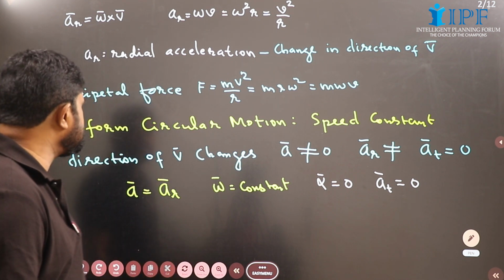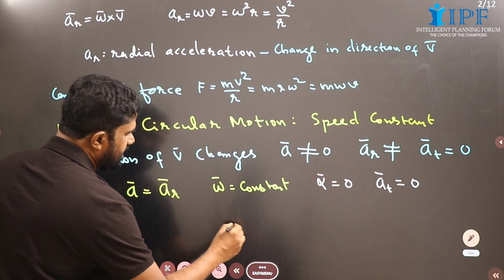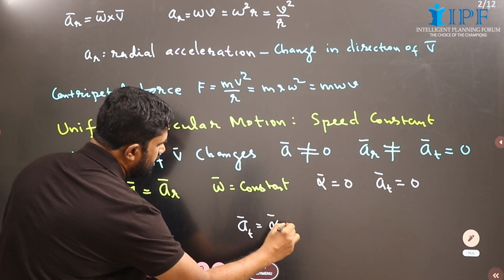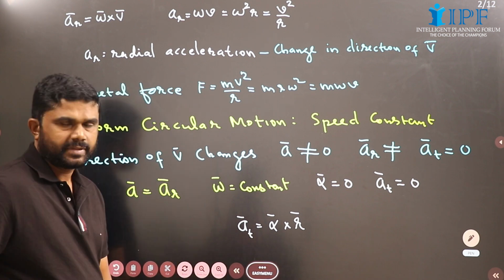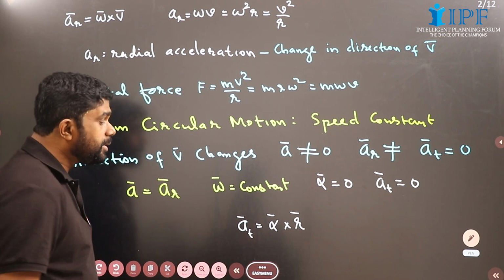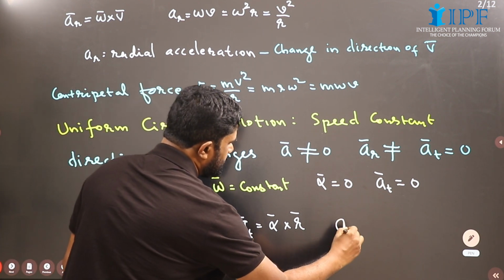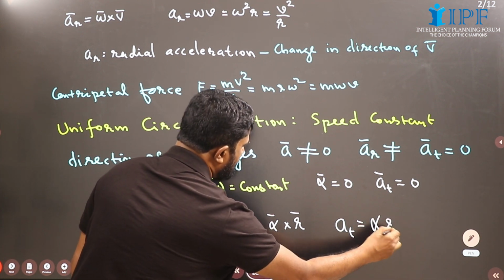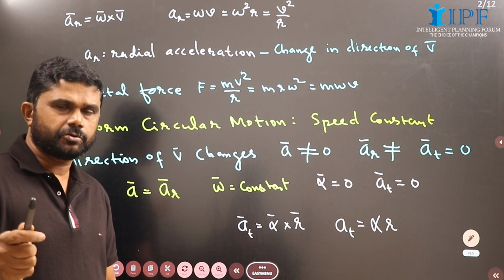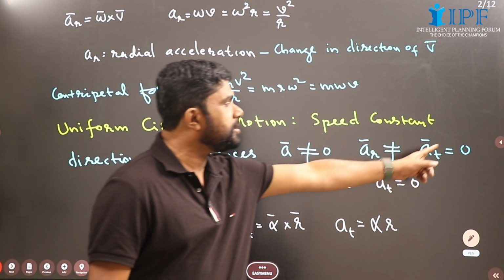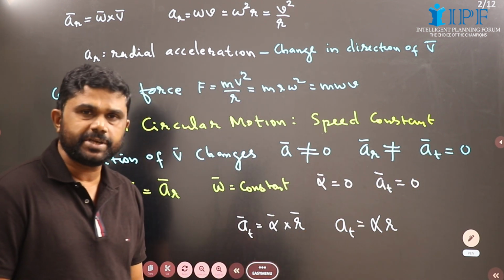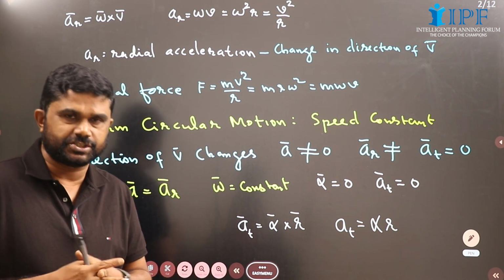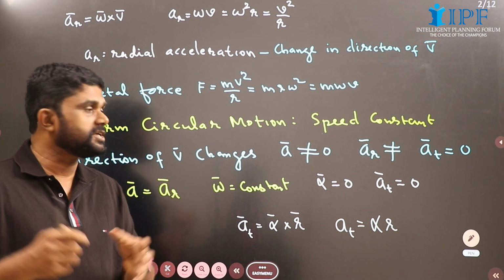Now this tangential acceleration, A with the suffix T, is actually alpha cross R. This alpha and R are perpendicular to each other. So A_T in scalar form is alpha R. In uniform circular motion, if A_T equals 0, then alpha must be equal to 0. Alpha 0 means angular acceleration is 0, meaning angular velocity is constant.